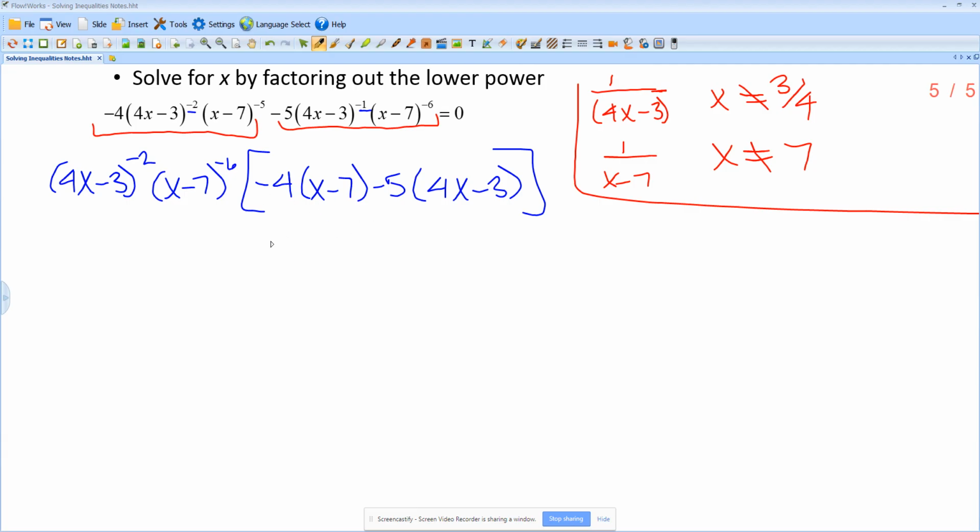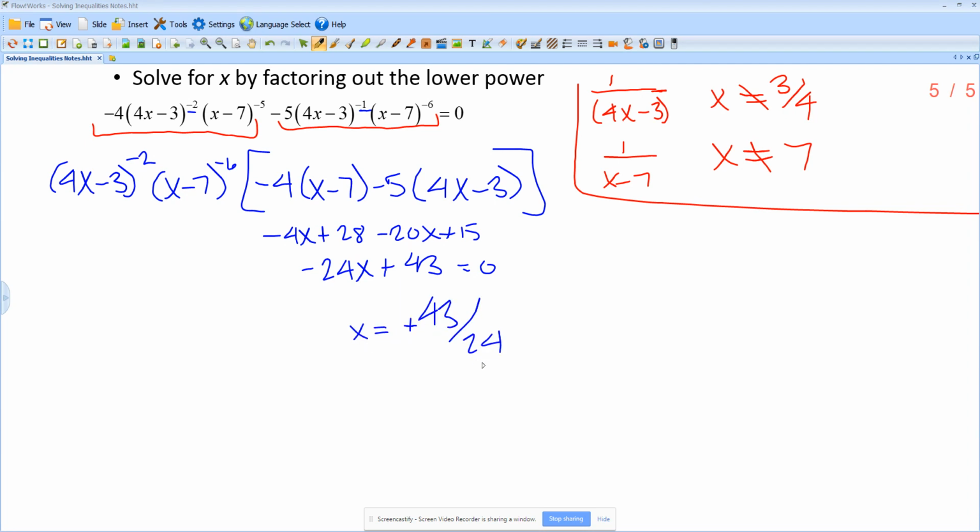Then I simplify everything inside here. -4x plus 28 minus 20x plus 15. So combine, I get -24x plus 43. And set this equal to 0 to solve. You get x is equal to positive 43/24. Over here, this is 1 over x minus 7. I want to know when it's equal to 0. It's never equal to 0.